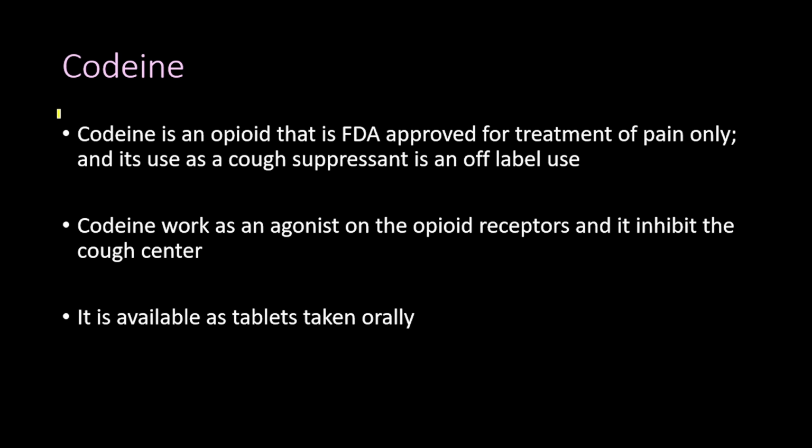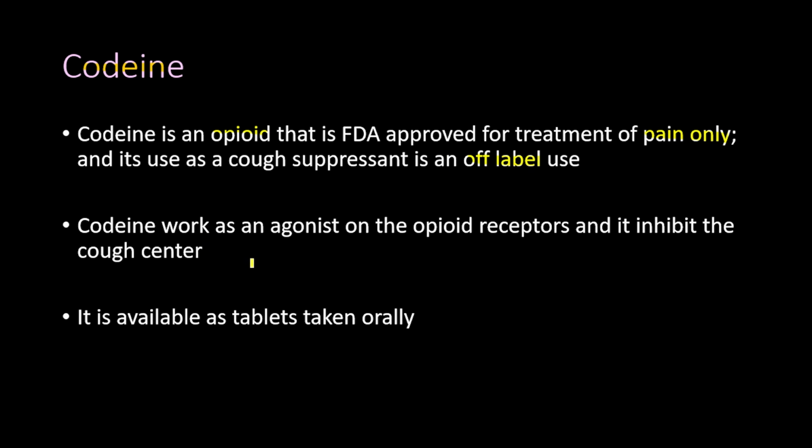Now let's talk about the codeine. So the codeine is an opioid that is FDA approved for treatment of pain only, and its use as a cough suppressant is an off-label use.